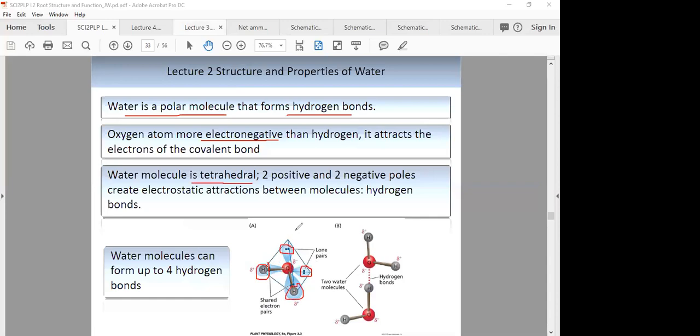But if you remember back to your previous studies, you might recall that when some of those groups, for example here we've got two of the groups being lone pairs of electrons, that would change the bond angles.